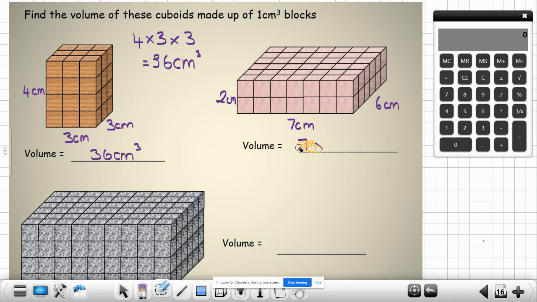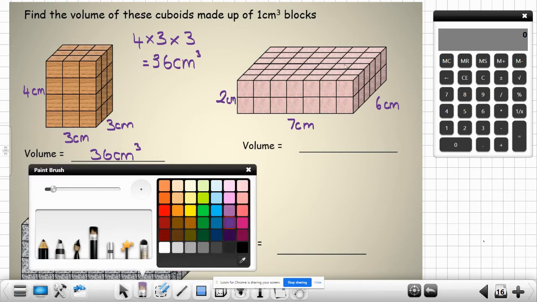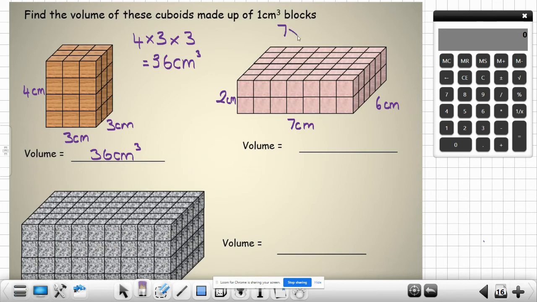Let's put our answer there. I'm going to do it up here. 7 multiplied by 6, which I know is 42, multiplied by 2 is 84 centimetres, but it's cubed centimetres.